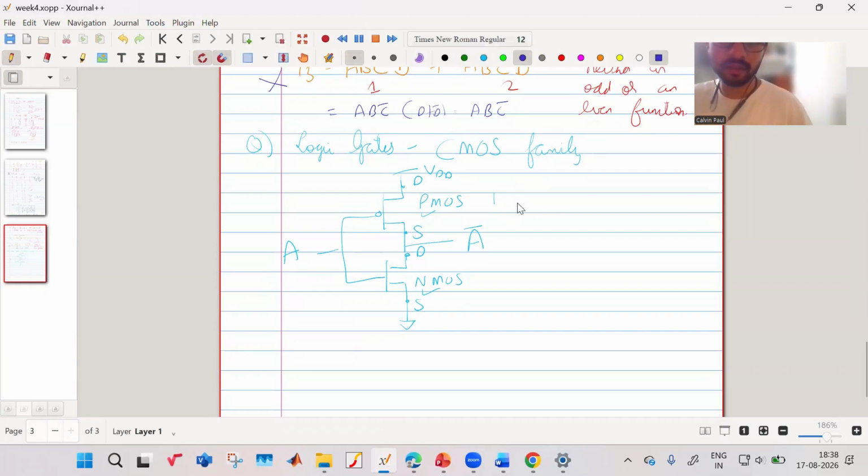So now you have this CMOS family and you have logic gates. So you have a PMOS and you have an NMOS. If you see this PMOS like this, okay. And these are like your gates.